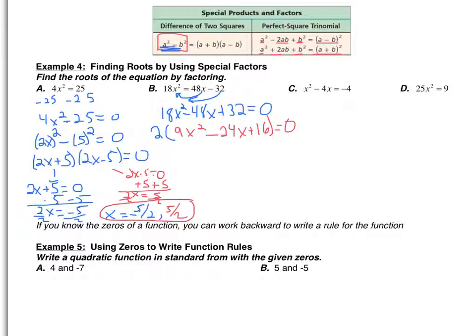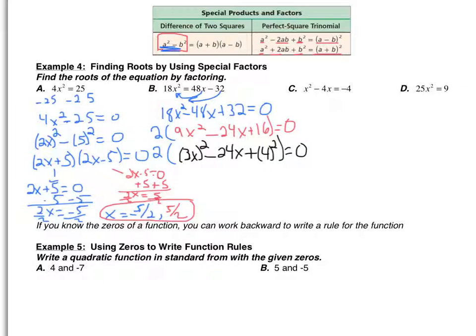And now I have 2, but inside I have 9x squared, which is really 3x squared, minus 24x, plus 16, which is really 4 squared.